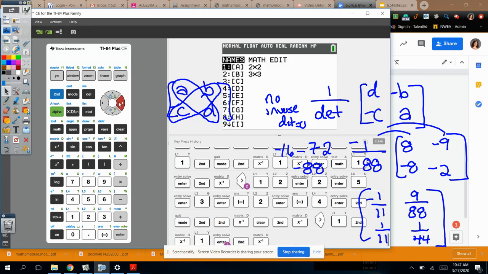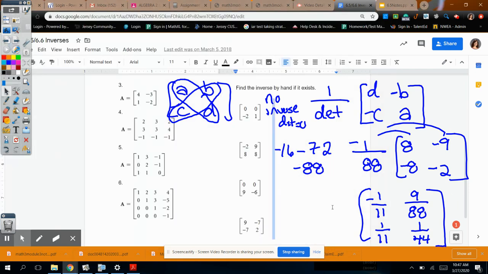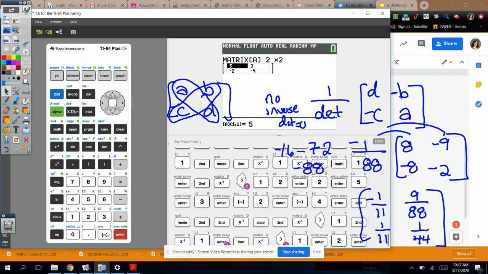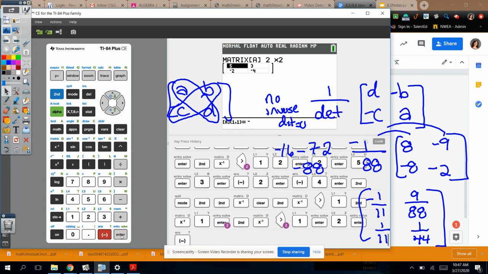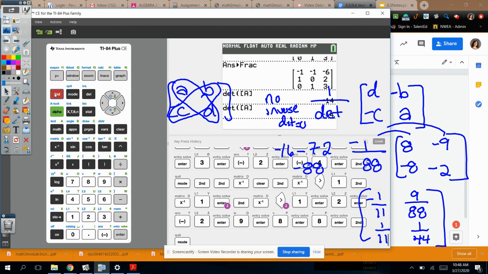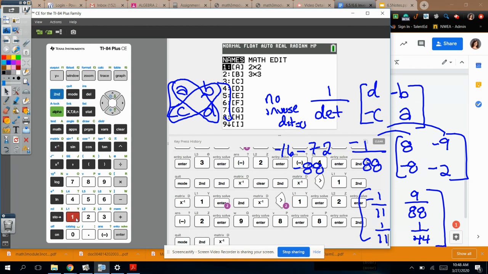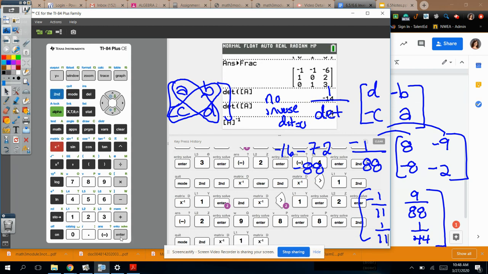Second matrix, edit 1. What was it to begin with? Negative 2, 9, 8, 8. All right, so now I go to second quit, second matrix, A inverse, and I'm going to get a lot of fractions.